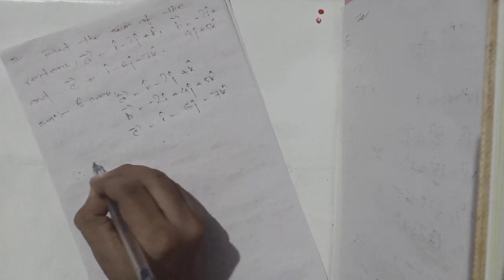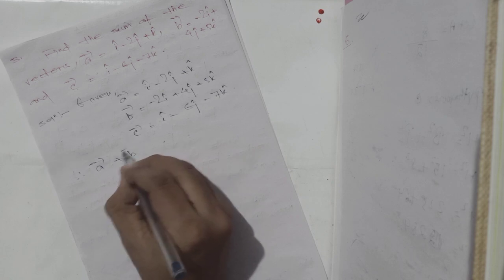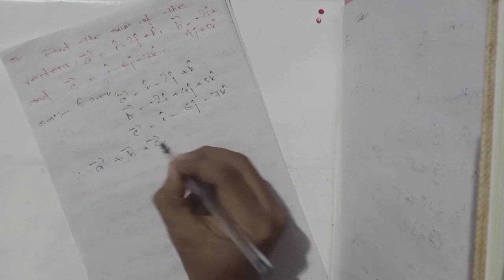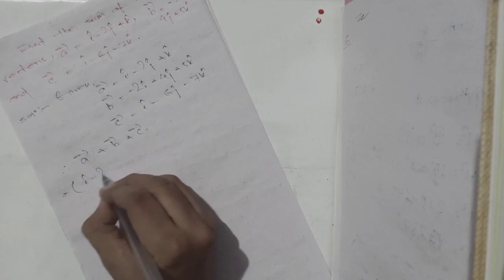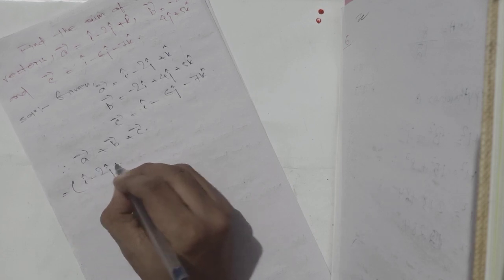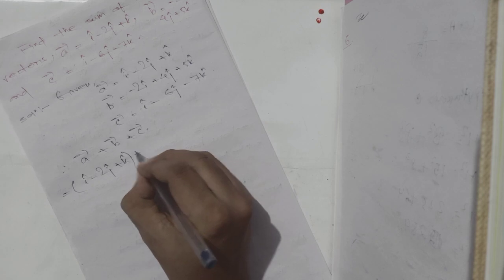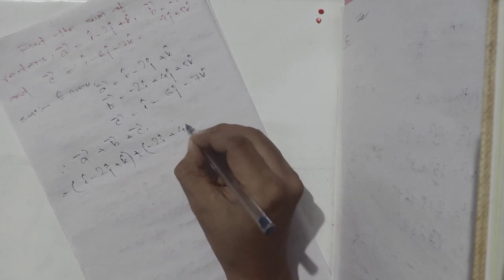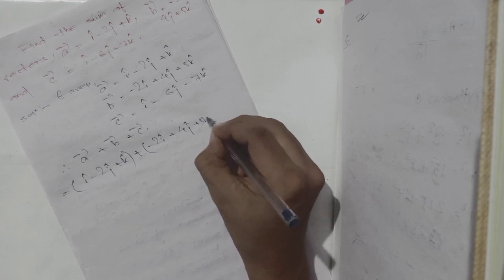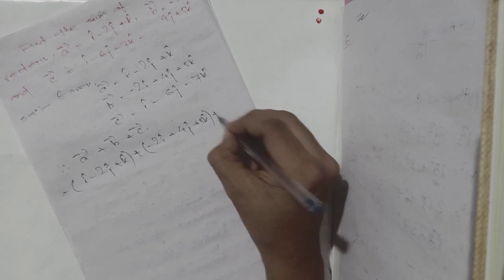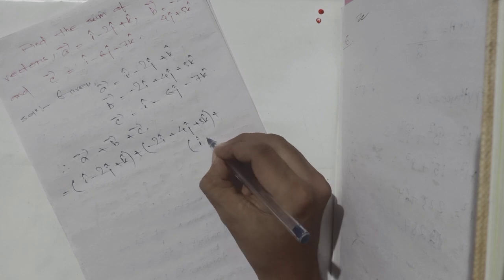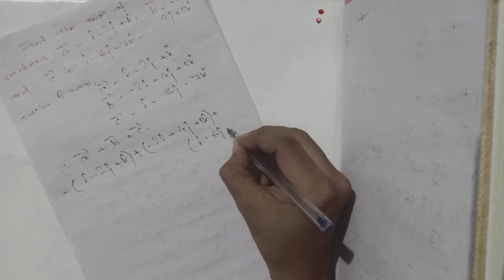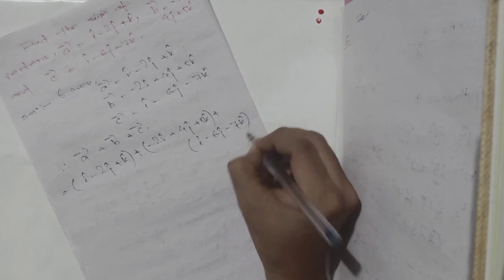Therefore, if we add these three vectors, it will be vector A plus vector B plus vector C. Vector A is I cap minus 2 j cap plus k cap, plus minus 2 I cap plus 4 j cap plus 5 k cap, plus I cap minus 6 j cap minus 7 k cap.